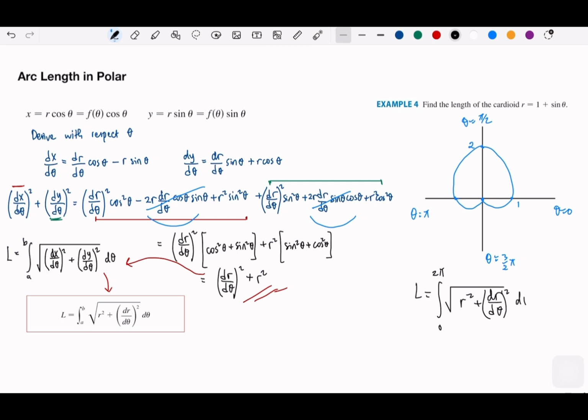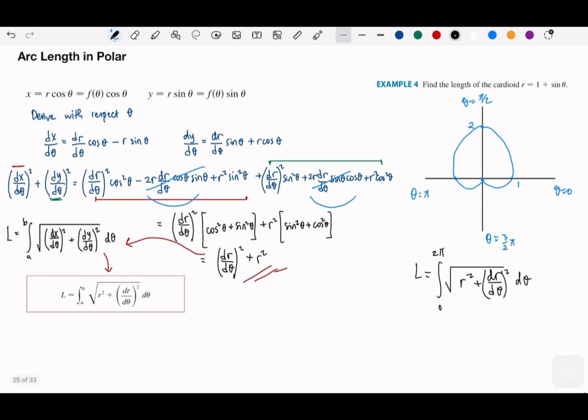So basically we take that, and the r d theta is equal to cosine, right? So we can just exchange all of that into our formula. And the r will be 1 plus sine theta squared, plus cosine squared theta, and then d theta.